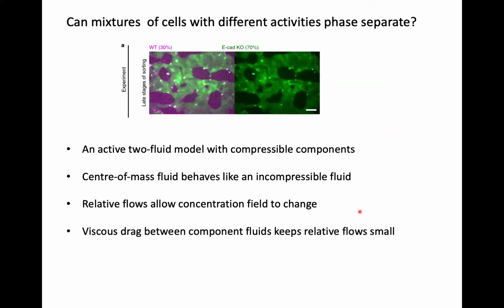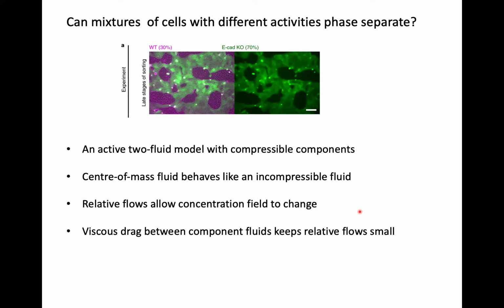So we had to extend the theories of liquid crystals, of active liquid crystals, to a two-fluid model so that I've got two different fluids which can actually sort themselves out. Each component has to be compressible. It has to be able to have a different concentration in different places.